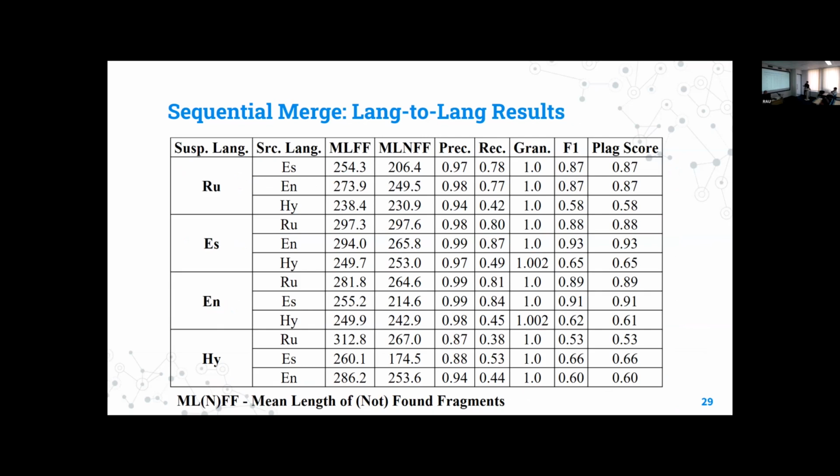Here we also present the mean lengths of found fragments, in characters. We can see there is some dependency: long fragments are found, and short fragments are difficult to find.